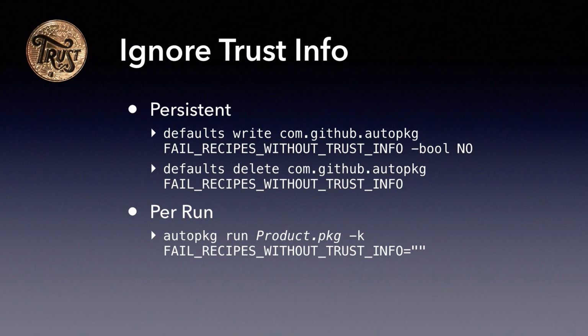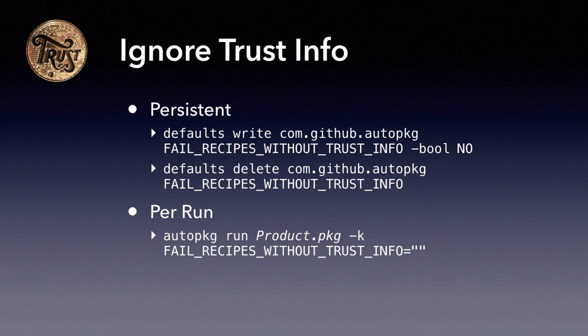So when you're testing, you can persistently turn it off by reversing the effects of that defaults write command by setting it to no, or just deleting that key entirely so that it is not set.